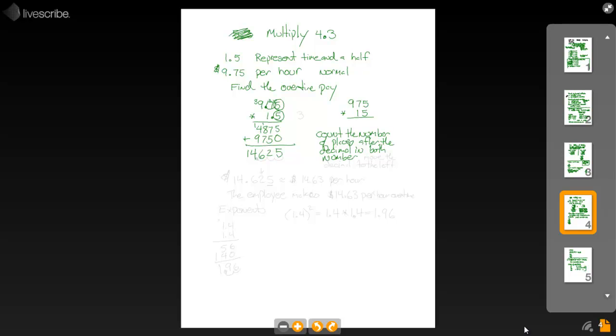So in this case, how many places are there after the decimal in both numbers? 3. And move the decimal back that same amount of space. Move the decimal back 3 spaces. Sorry. So count the number of places after the decimal in both numbers. Move the decimal back or to the left.